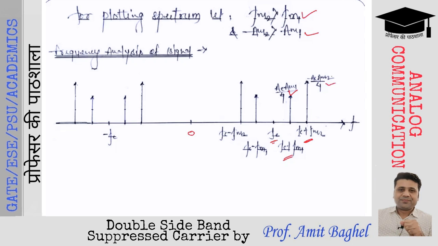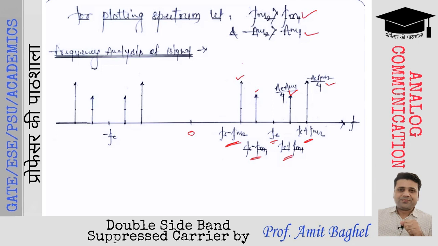Same way, when we analyze the lower sidebands, we'll get the impulses at fc minus fm1 with the same strength, Ac Am1 by 4, and another lower sideband impulse will be observed at fc minus fm2, with strength Ac Am2 by 4. Right? fm2 is greater as compared to fm1, therefore the sideband created by fm2 is plotted at higher frequencies as compared to fc plus fm1.